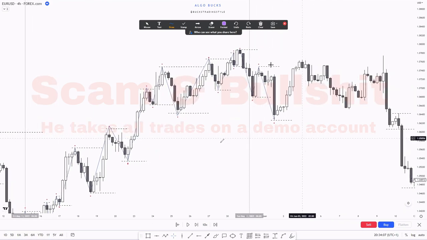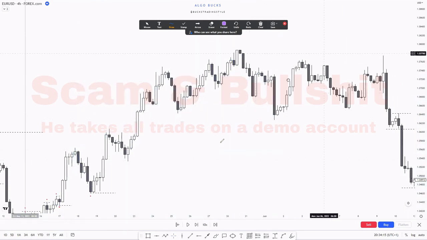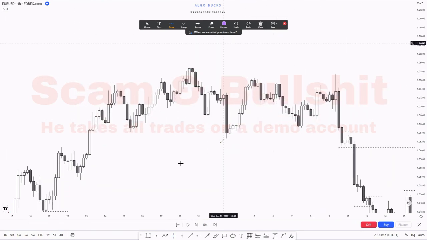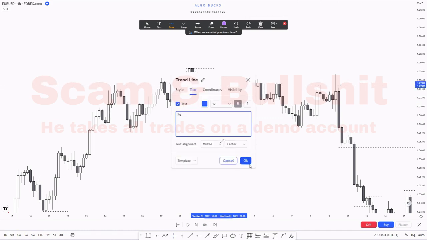Okay, for this example right here, this was what we had. We had this high, we had this high, then we had this low, then we had this high. This high is our ILQ, right?